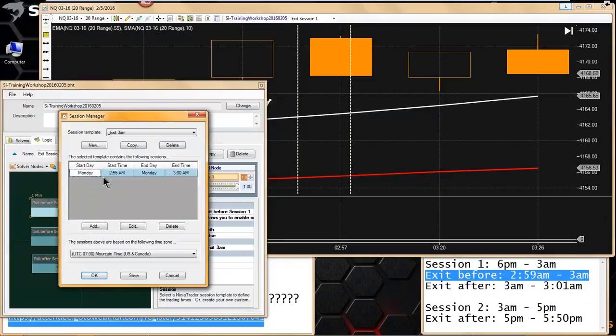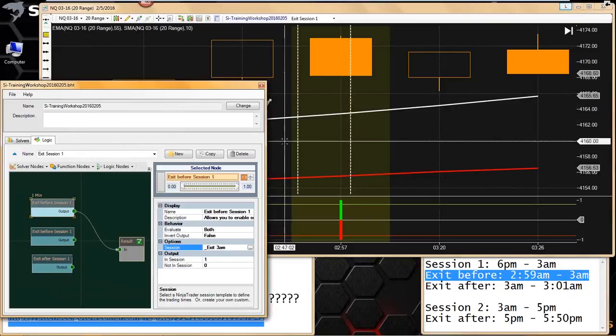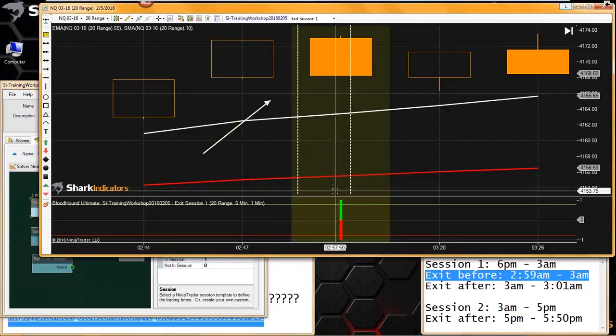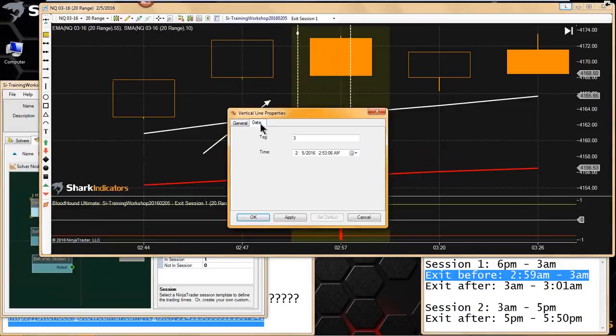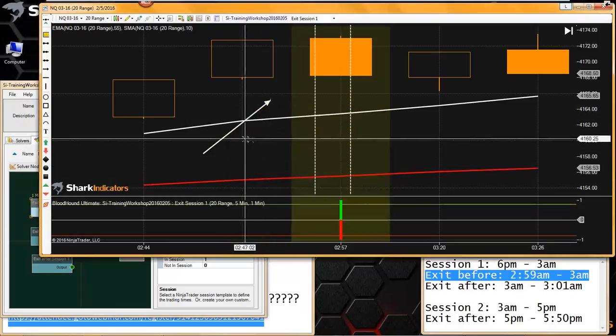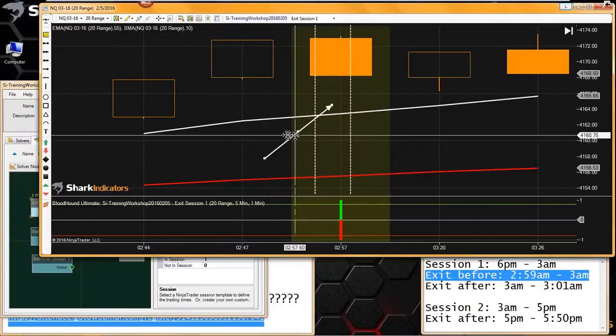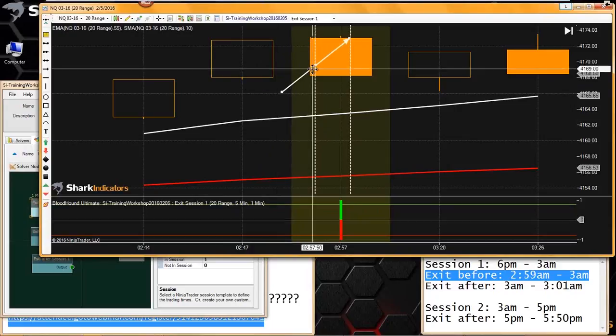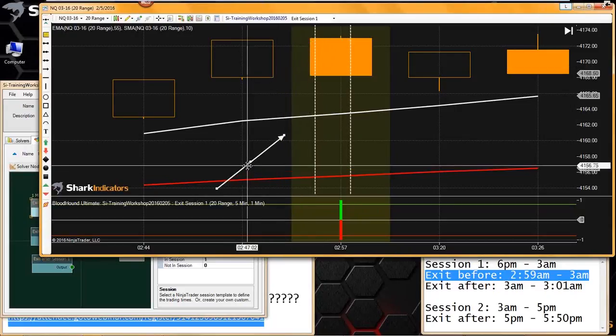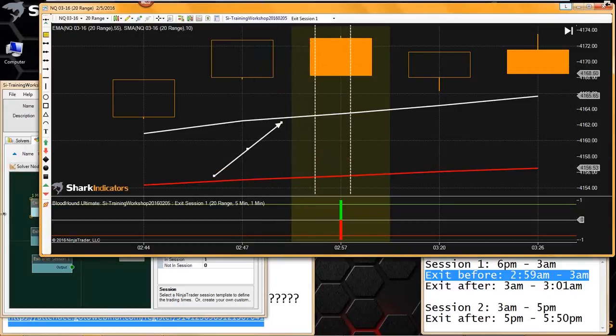Save that, and bingo. Now we can see there's an exit signal. So let's correct this line here, so it matches up with that 5-minute time window. There we go. So there's our 5-minute time window, and we can see the bar wick is inside of that time window.